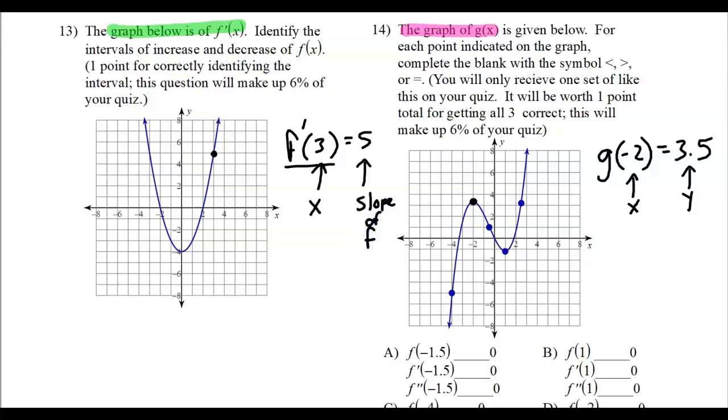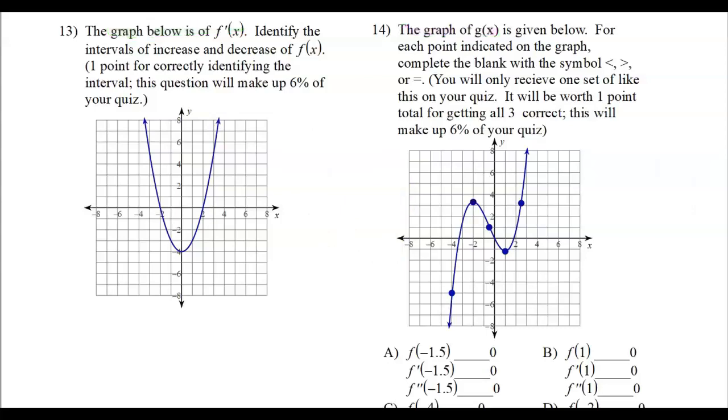So these are different interpretations because this is a graph of the derivative on the left and a graph of a standard function on the right. Okay, so that is an important thing to understand. Now you could call this the y value of the derivative, but the y value of the derivative is the slope of the original function. Okay. So that being said, let's go ahead and get started here.